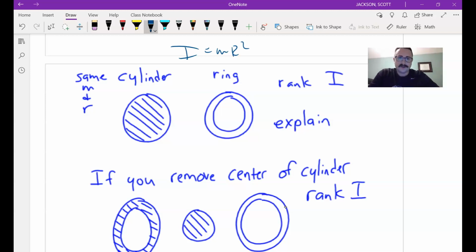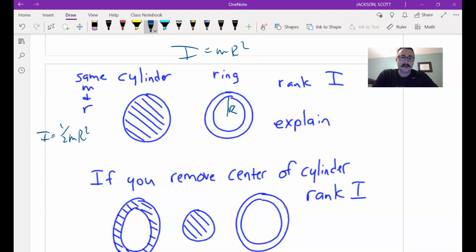So if we think about this one, the ring is always going to be the hardest to rotate because the ring has all the mass at the radius. A cylinder essentially doesn't have all the mass. Now you may go back and see, but a cylinder I know is 1/2 mr squared. So essentially it's saying this cylinder is the equivalent of when you add up all the mass, that all the mass is at half the radius, is how you could look at it.